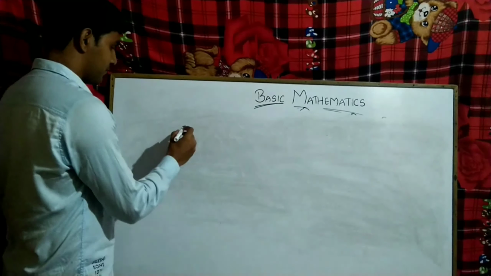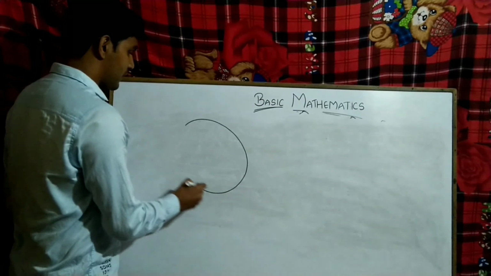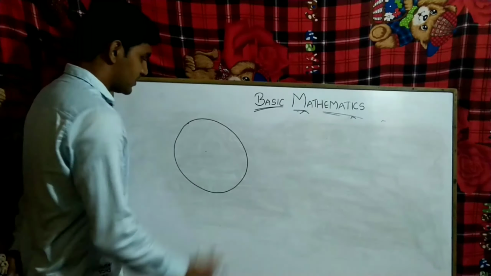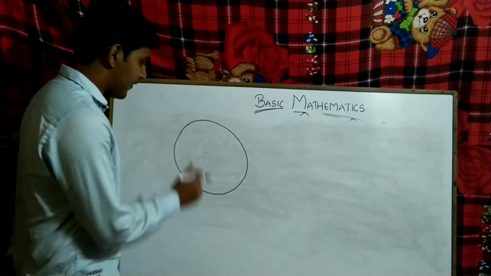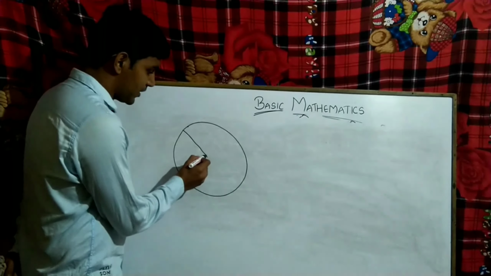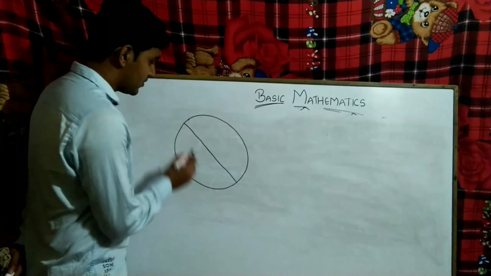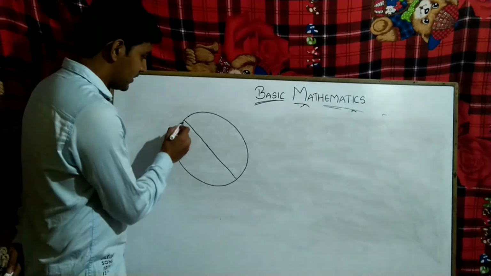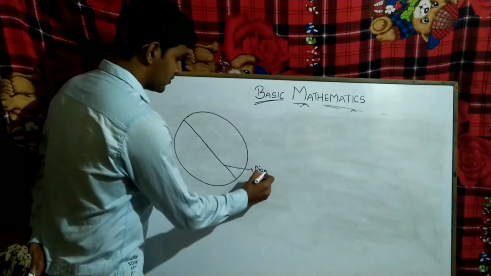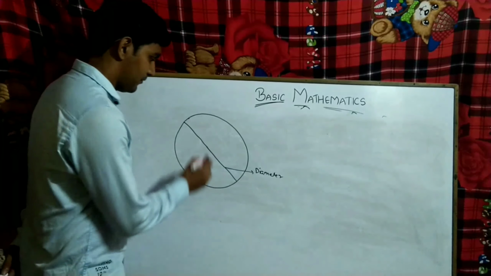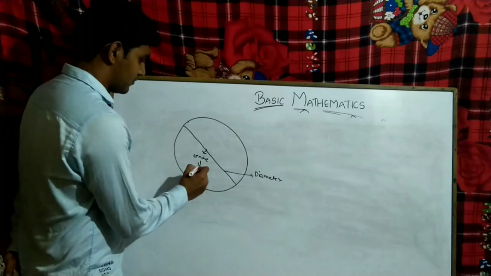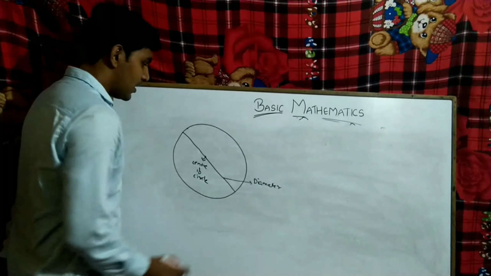Now circles. If I take one circle, and this is the center of the circle, a line drawn through the center of the circle is called the diameter.